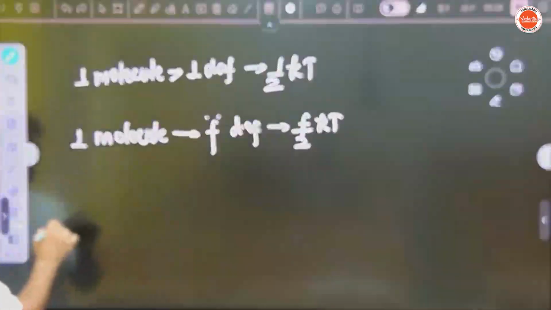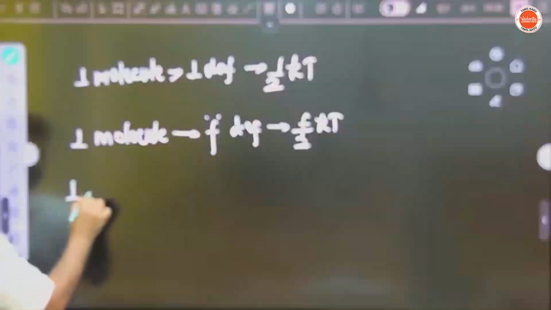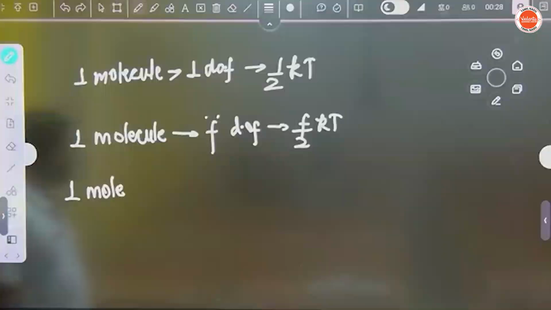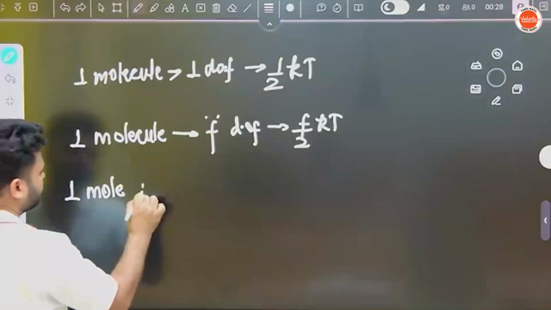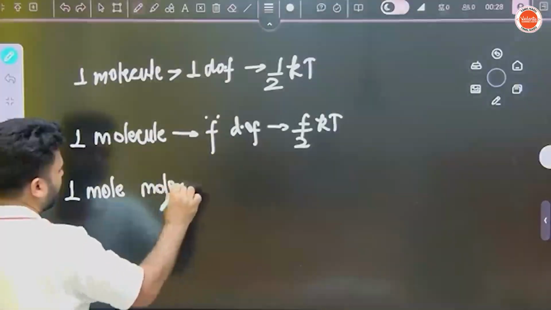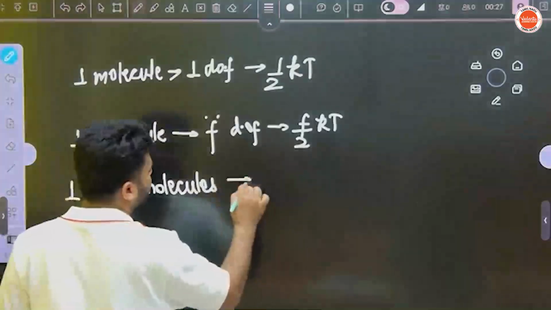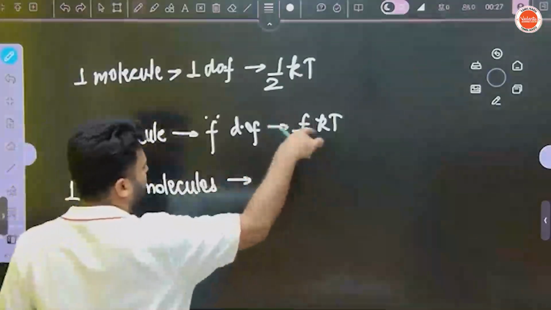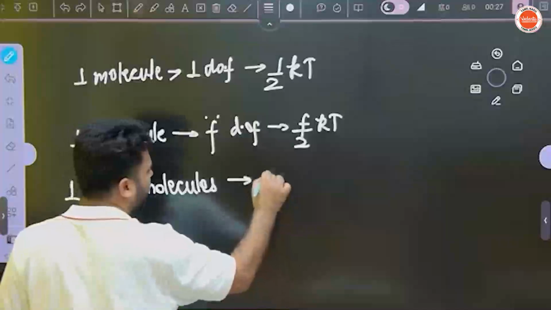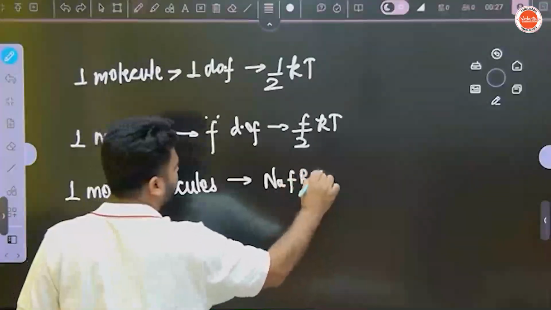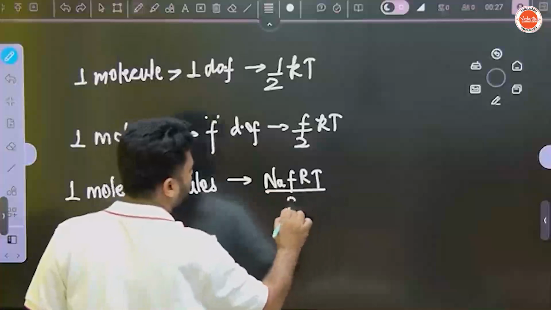If we have 1 mole of molecules, then what will be the energy? You multiply with Avogadro's number, Na, so f R T by 2.